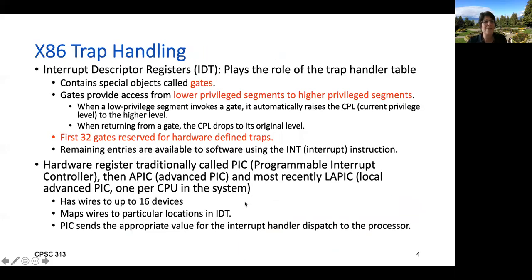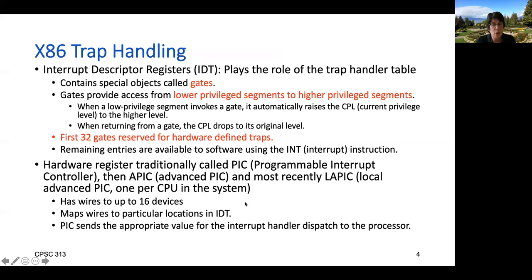So I said that there's this thing called the trap table. In the x86, we have this thing called the interrupt descriptor registers. These are hardware locations that contain special objects called gates. In particular, what a gate is going to do is let us change privilege levels in the processor.